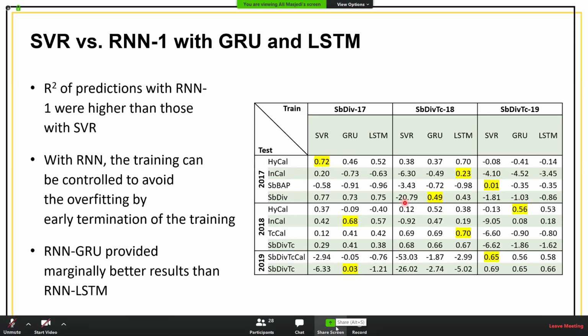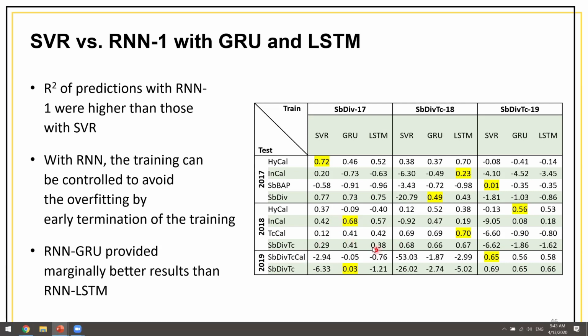So the first point is that we got better results using RNN. With RNN, we also got better results with GRU because, as I said, it is a simpler version of LSTM, and when we use these multi-year predictions, it is sometimes better to have a simpler network because you avoid overfitting.